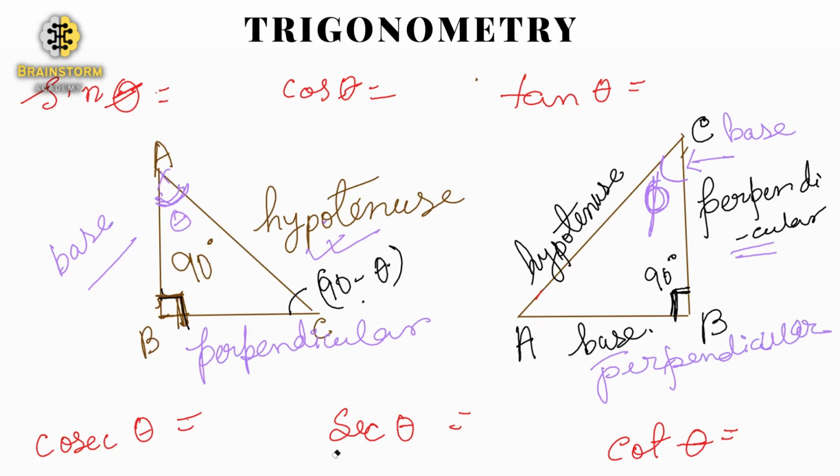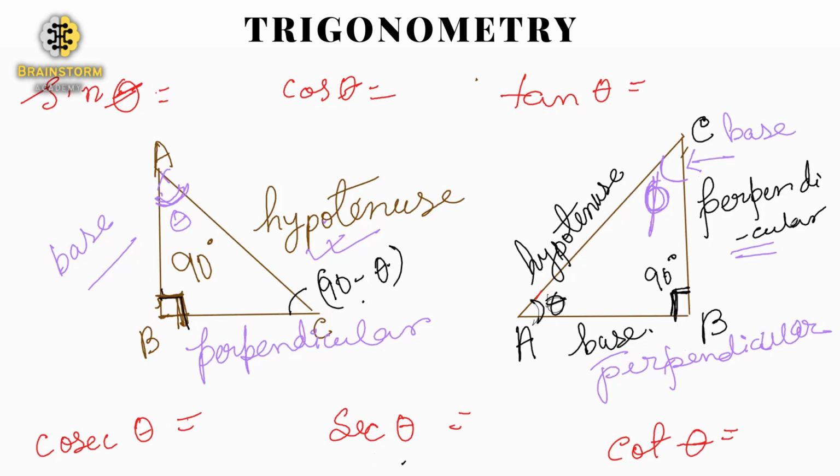Did you understand this part? This is my theta, so this will be perpendicular to this base. And if phi, then this is my base, this is my perpendicular. Which will be your base and which will be your perpendicular, you will understand after getting your triangle.